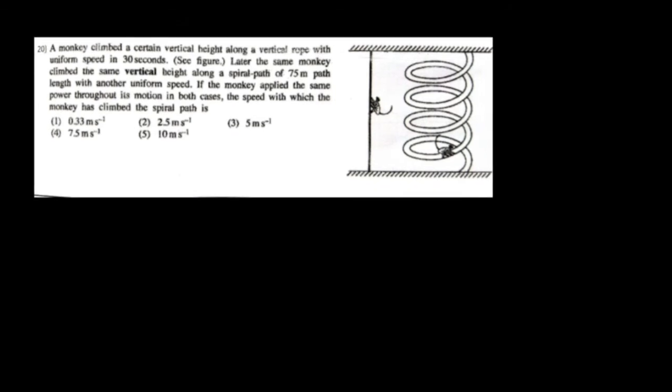Next we have a question from the 2017 past paper. Let's try to understand the information given here. A monkey climbed a certain vertical height along a vertical rope with uniform speed in 30 seconds. So it took 30 seconds to climb this distance.